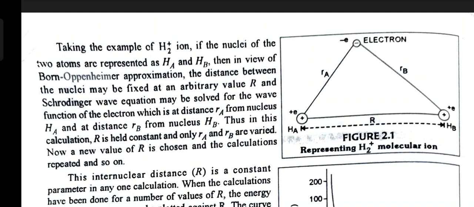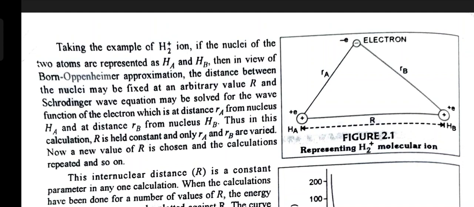Taking the example of the H2+ ion, if the nuclei of the two atoms are represented as HA and HB, then in view of the Born-Oppenheimer approximation, the distance between the nuclei may be fixed at an arbitrary value R, and the Schrödinger wave equation may be solved for the wave function of the electron, which is at a distance Ra from nucleus HA and at a distance Rb from nucleus HB.